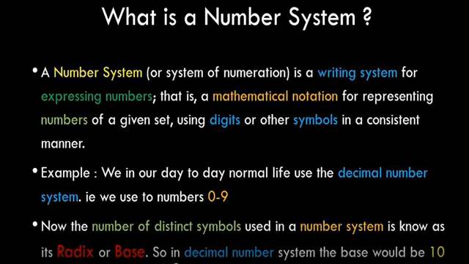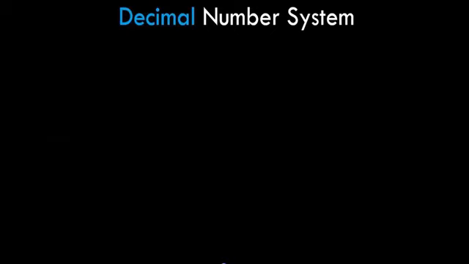The number of distinct symbols used in a number system is known as its radix or base. So in the decimal number system, the base is 10 as we use 10 distinct symbols from 0 to 9. Similarly, there are different number systems. See, this is a decimal number system.